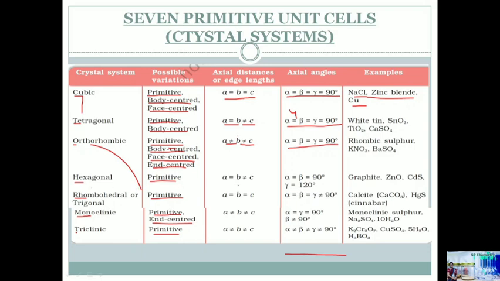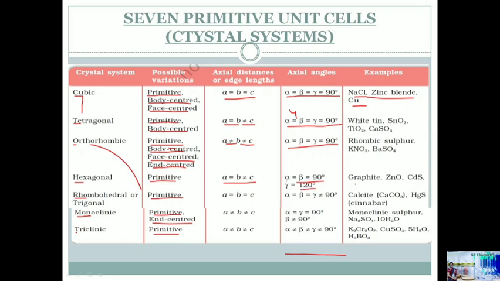Then hexagonal, A is equal to B, not equal to C. And two interfacial angles are observed here. Alpha is equal to beta, two angles are 90 and another one is 120.